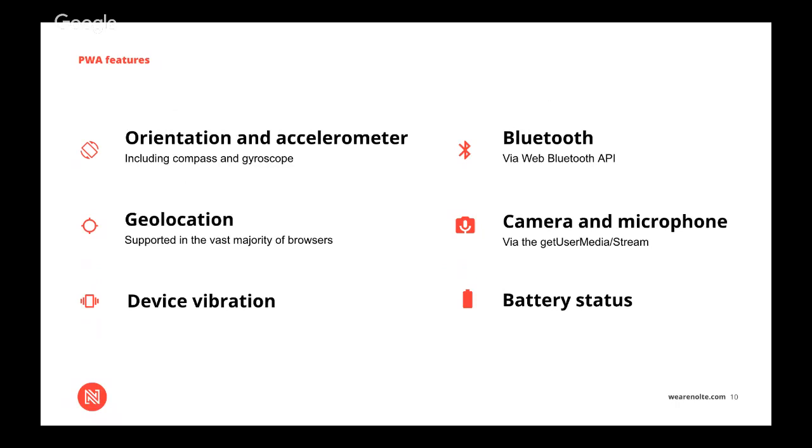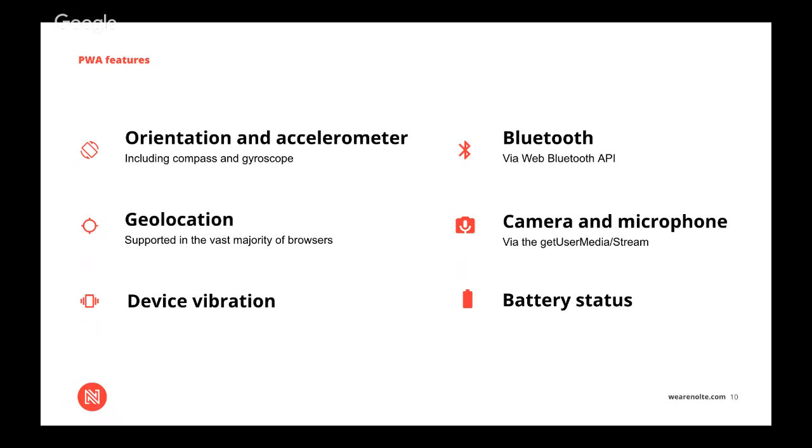Also, there's some upcoming hardware access in the next releases for PWA, like the use of the ambient light sensor that is currently working on Firefox 48, but it's not supported yet for all the browsers. There's also upcoming support for NFC, so you can access the NFC sensor reader for the devices.